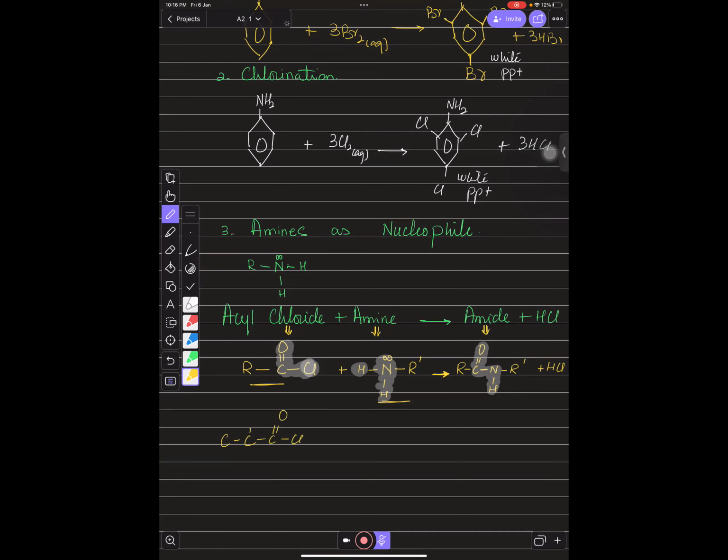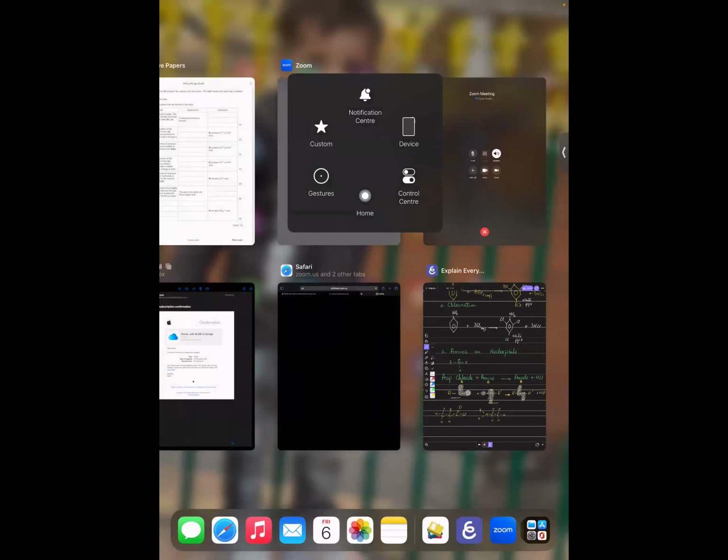This is acyl chloride with 3 carbons, and suppose you have amine with 2 carbons, right? So this will be amine, right? Okay, so it's your task to complete the amide over here. Just try to draw the amide that can be formed by these two reactants.